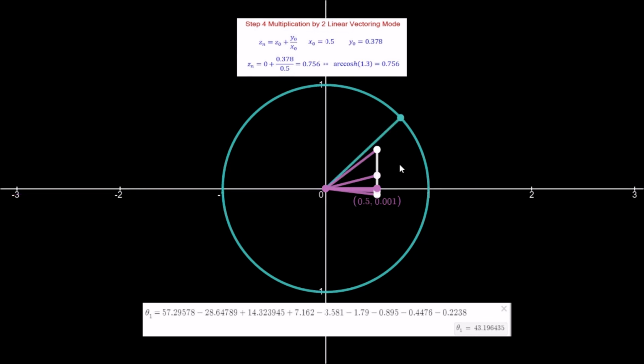Now the final angle for Zn that we get here is an angle of 43.196 degrees. Now whenever we convert that to radians, we get the figure 0.754. Now you can see here that the actual value that we're expecting to get is 0.756. So let's summarise our results on the next page.